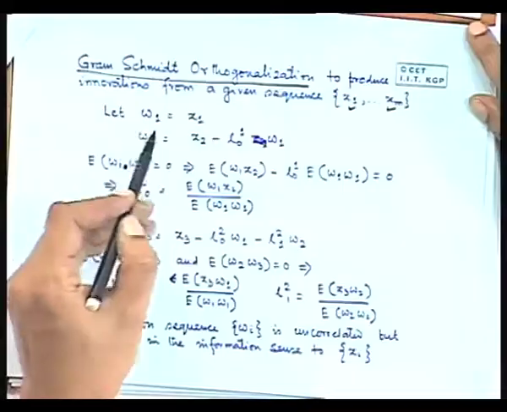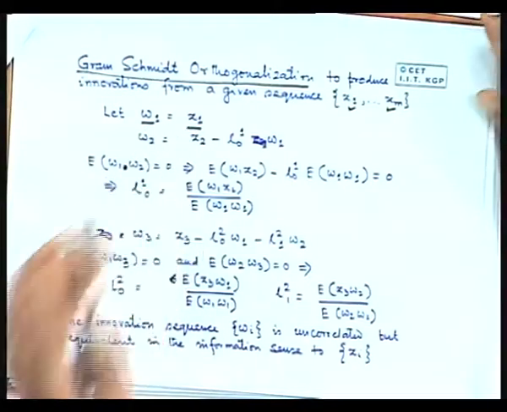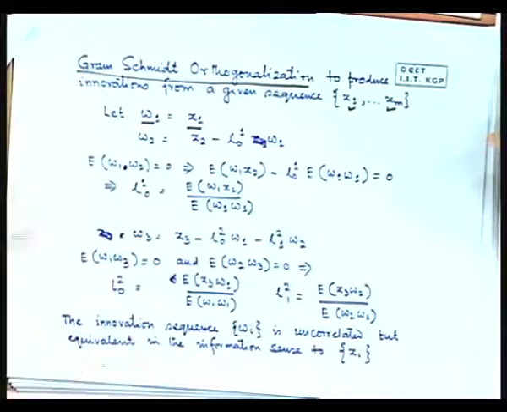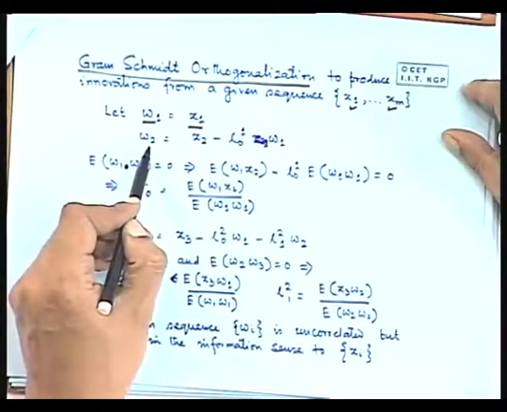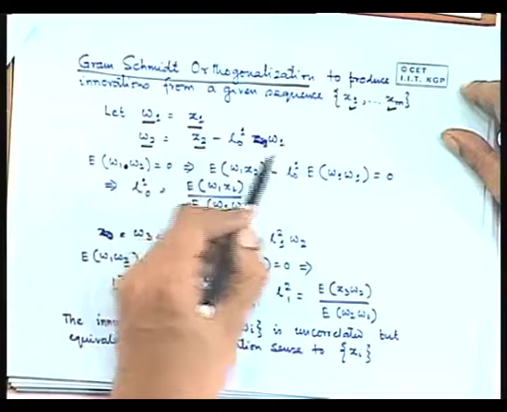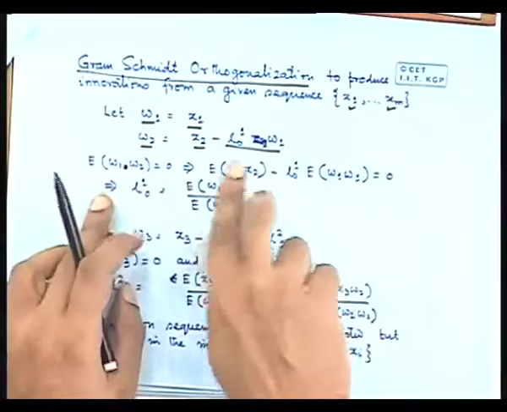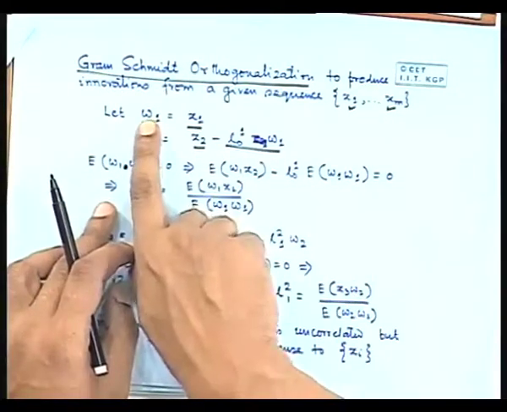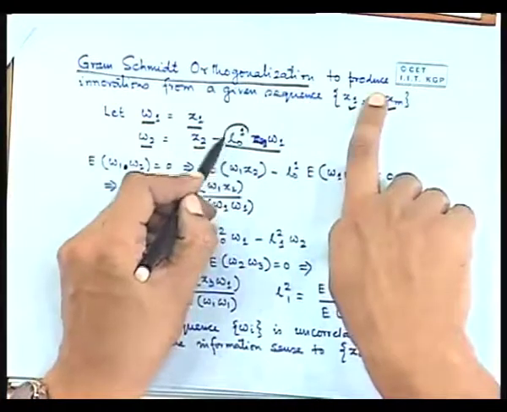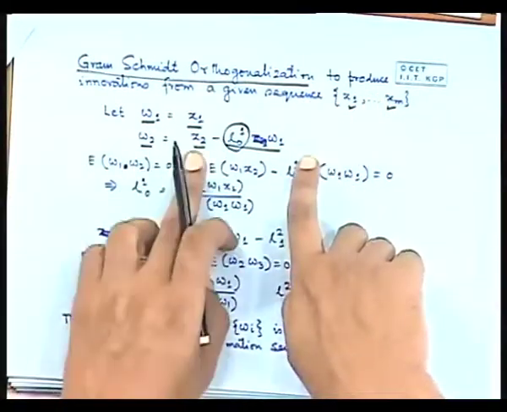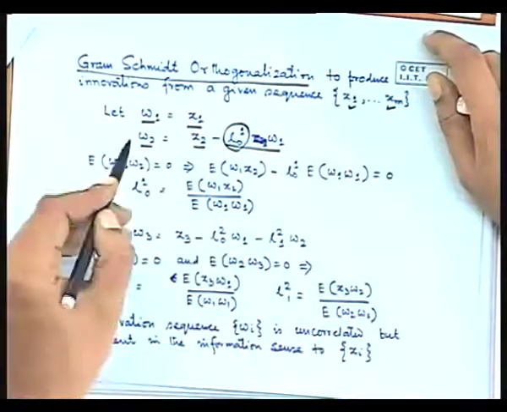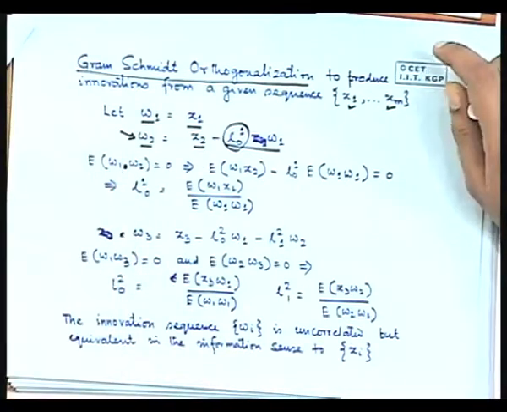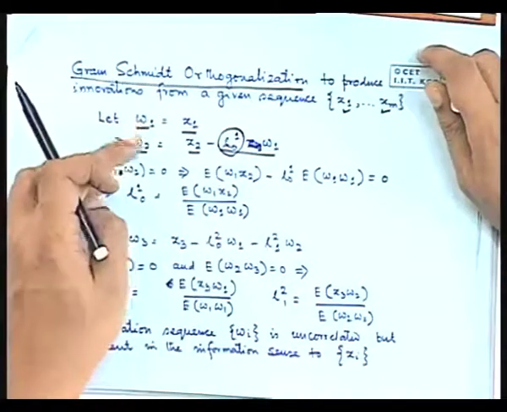So it's very simple. First take W1 equal to x1, the first sample. Then suppose W2 is x2 minus this. So you are subtracting the W1 first component, multiplied by a weight, from the second sample. That you are assuming as W2. Now what will be the weight such that these two will be uncorrelated?